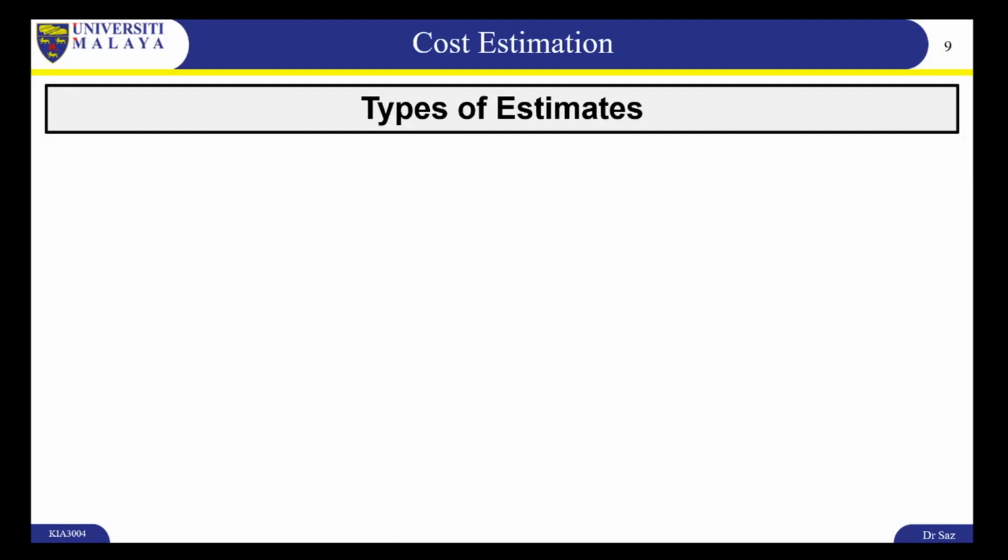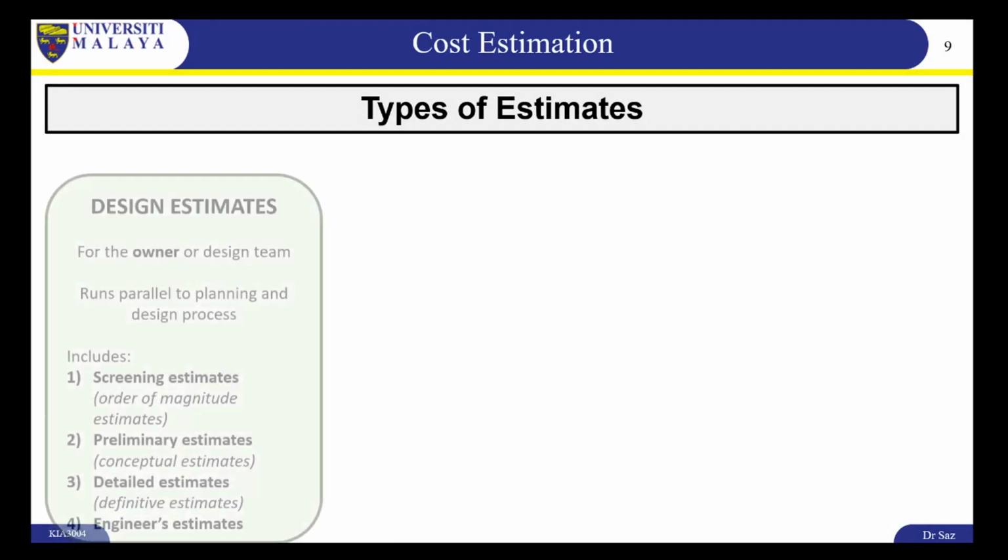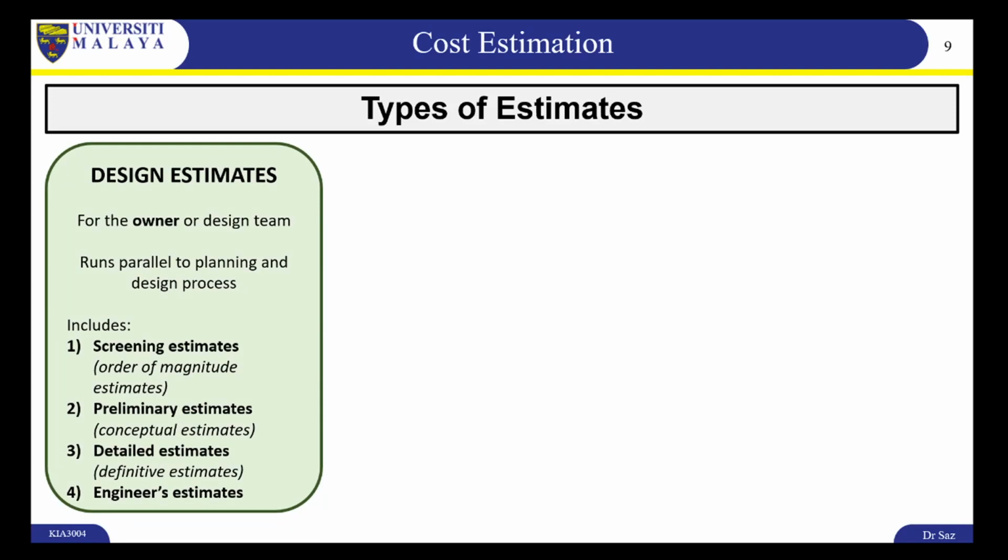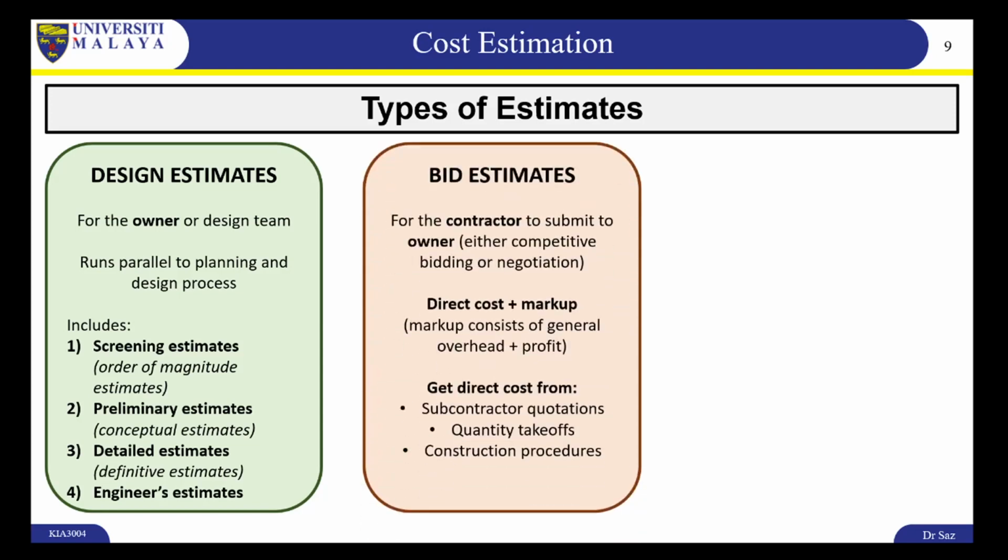Now, there are different types of estimates. There are design estimates, which usually are made by the design team, architects and engineers. These are based off drawings. There are bid estimates. Usually these are given by the contractor to the owner.